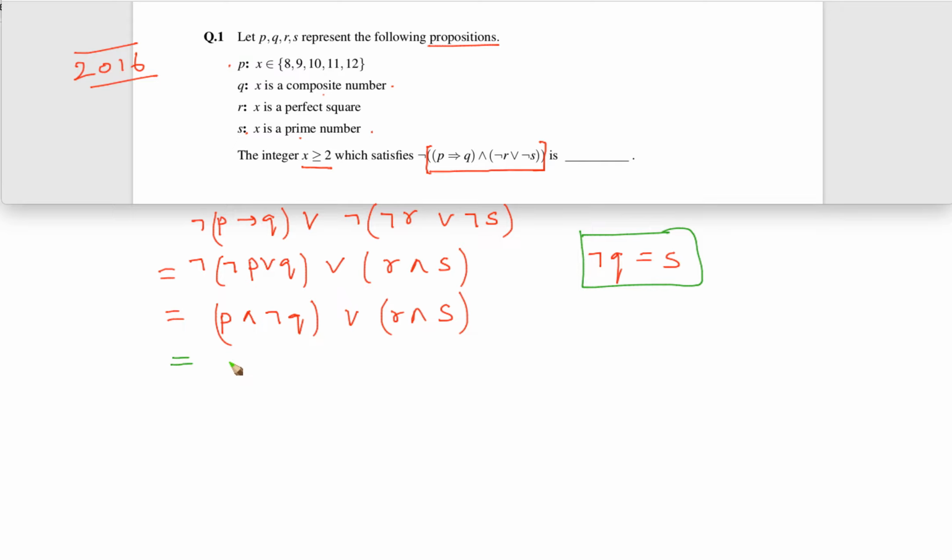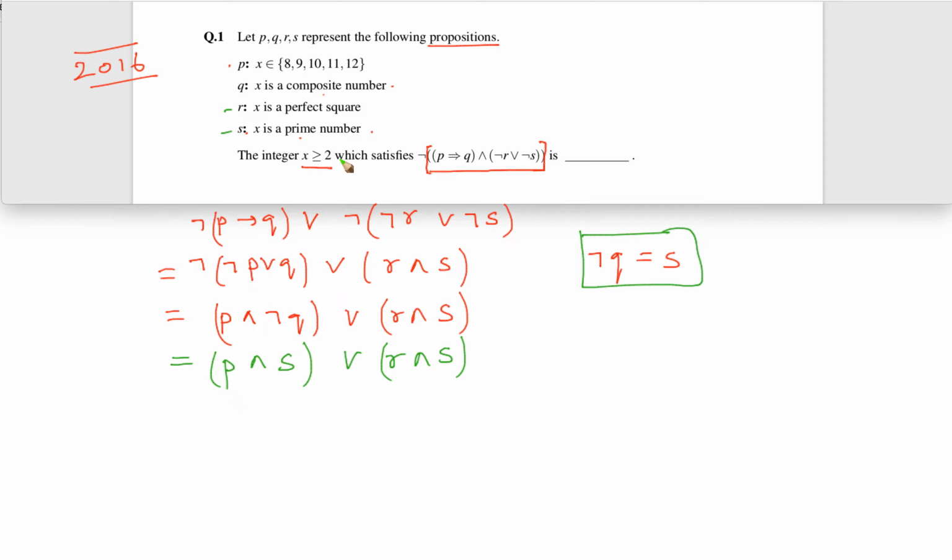See, if instead of not q I write s, then now I have something like this. I can simplify it further, but here we can get rid of one term. See why? When we are talking about r and s, x is a perfect square and also x is a prime number, and x is greater than or equal to 2.